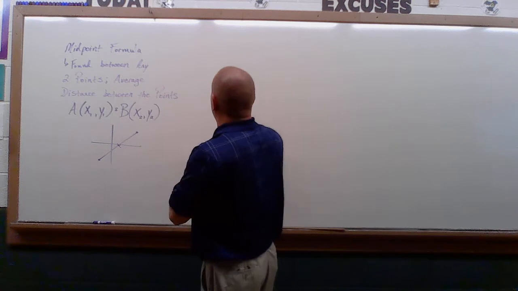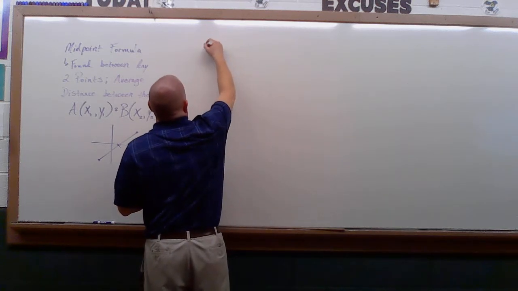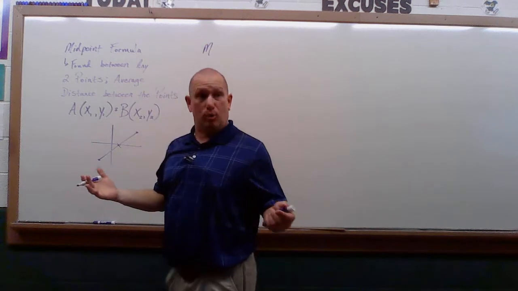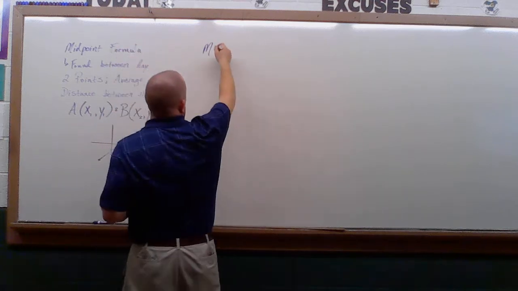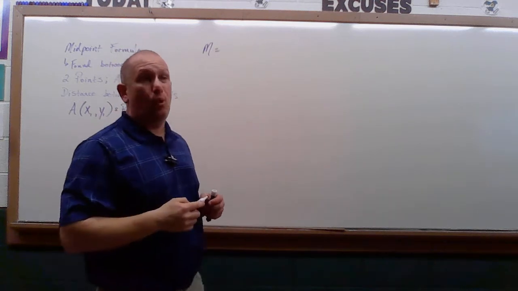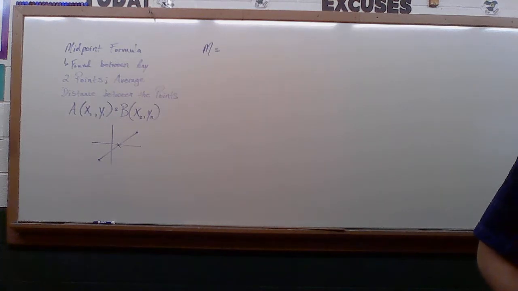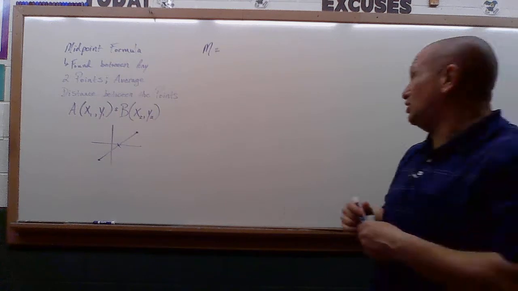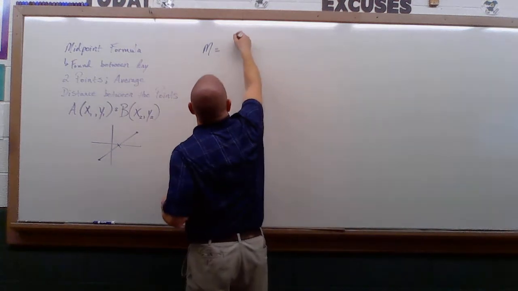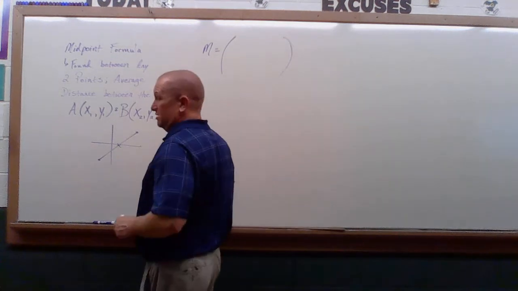So my midpoint formula then is, let's use capital M, midpoint, is equal to. Now, if it's a midpoint, it's a point. So what should my answer be? A point, right? So it should be an ordered pair, an X and a Y. So when you're trying to find the midpoint, you're going to have a giant parentheses here.